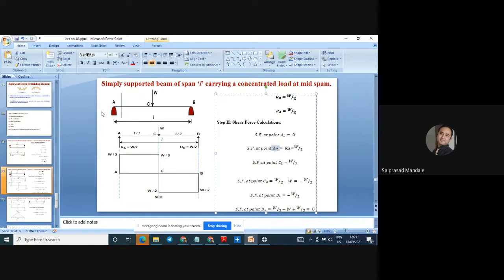We are always looking at the left hand side. Only RA is there. So what is the magnitude of RA? The magnitude of RA is equal to W by 2, which we have calculated over here.